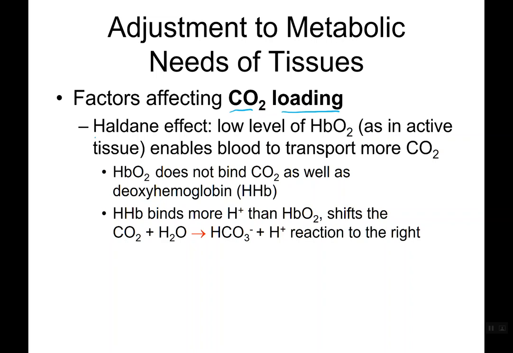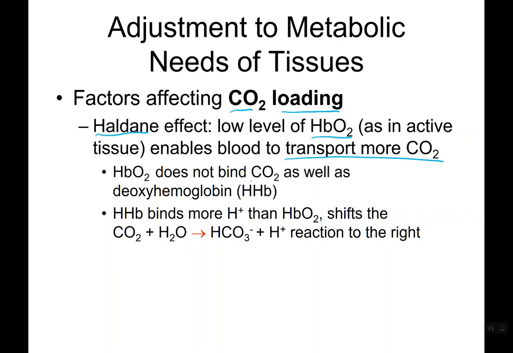So the Haldane effect, here's another guy, states that a low level of oxyhemoglobin, for example in an active tissue, enables the blood to transport more carbon dioxide in total. And that facilitates you getting rid of that carbon dioxide so that you don't become acidotic during exercise.